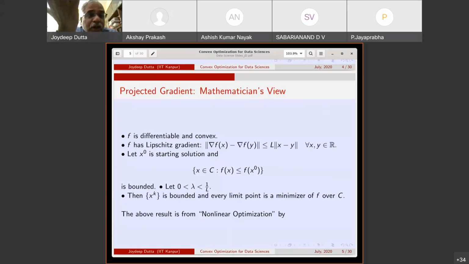Unless f is a quadratic function, linear function, or some very complicated looking convex function, this may not be true. But for proving that xk is bounded and every limit point is a minimizer of f over C, you need such a universal condition, the Lipschitz gradient condition that is true for all x, y in Rn.